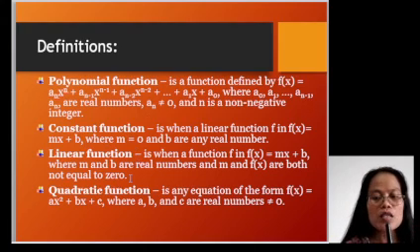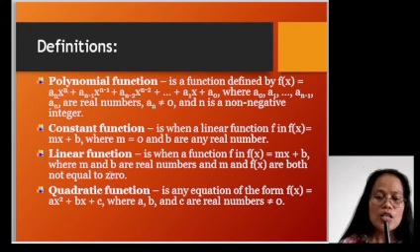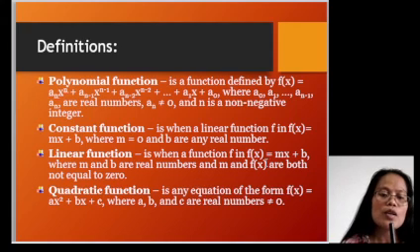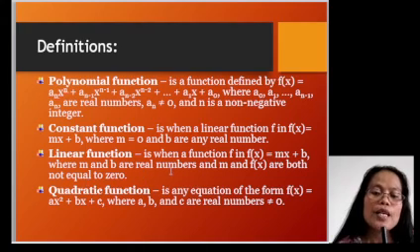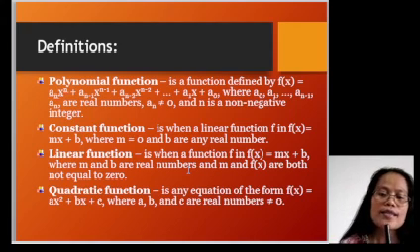Those are constant functions. Next is the linear function. A linear function f is f of x equals mx plus b, where m and b are real numbers and m and b are both not equal to 0. So the slope and y-intercept should not be equal to 0.